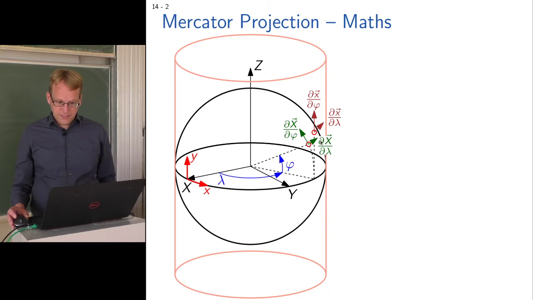And similarly we can also ask how the position of this point changes if we change the longitude lambda by some small unit. By doing that we will get these tangent vectors. These 2 vectors here are orthogonal to each other and they are tangent to the spherical surface of the Earth.